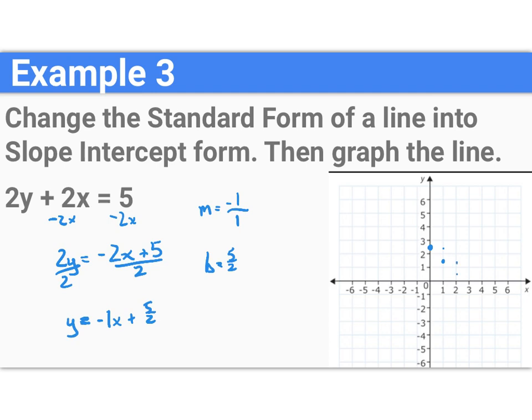Over 1, down 1, over 1, down 1. And so that means this line is going down from left to right. And that's how we plot our line. Okay.